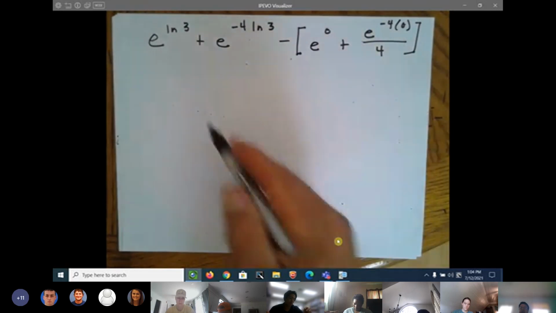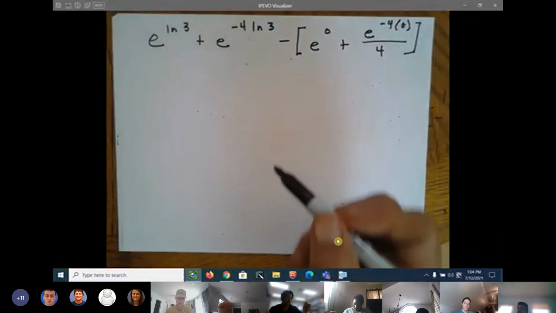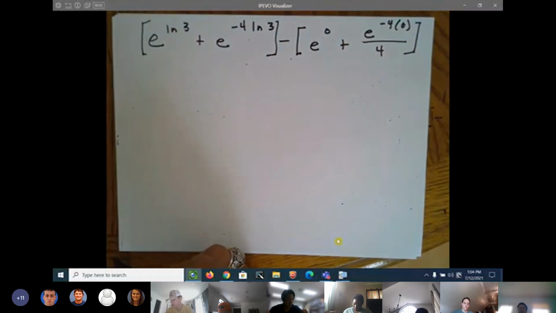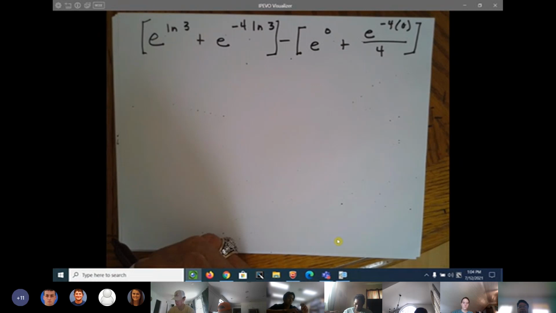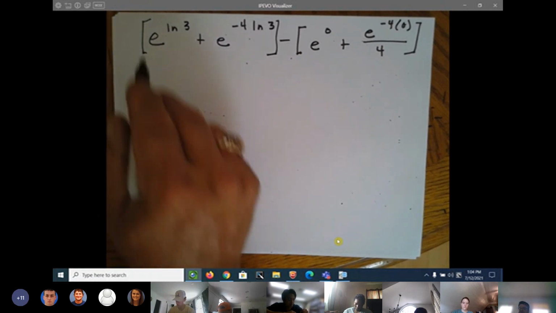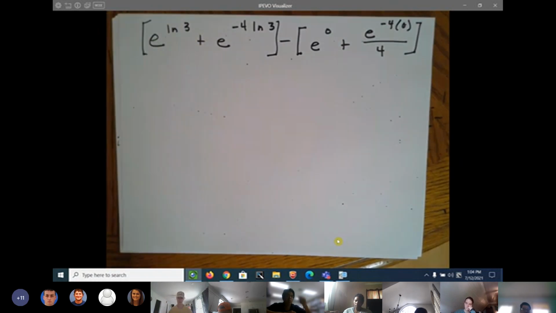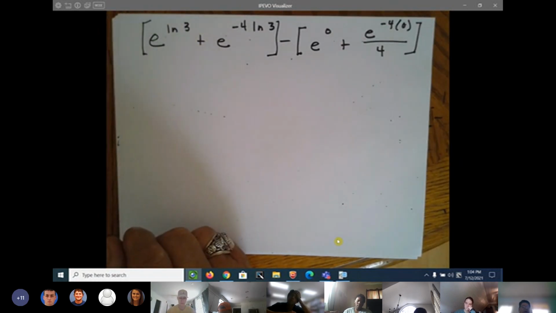So you can actually do this without having a brain malfunction. I told y'all you're going to see this in differential equations. What happens when you see e and natural log together? What happens to the e and the natural log?